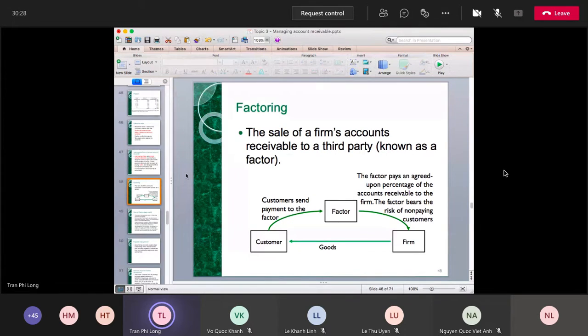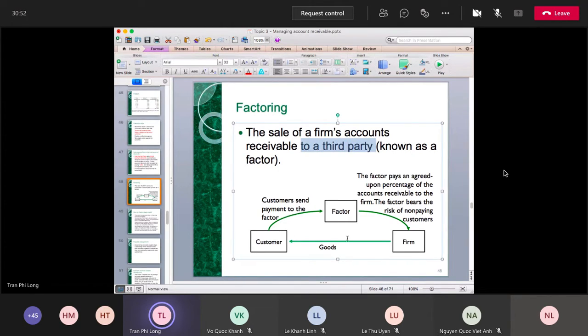This slide shows you a tool for a company to collect money earlier. Factoring is an action where you sell the account receivable to another company, and the other company in this case is called a factor.